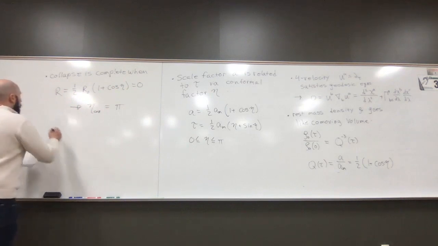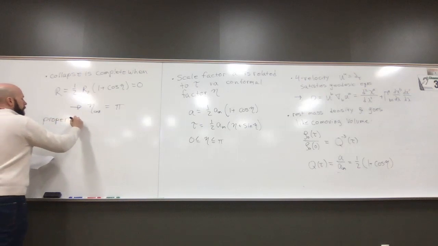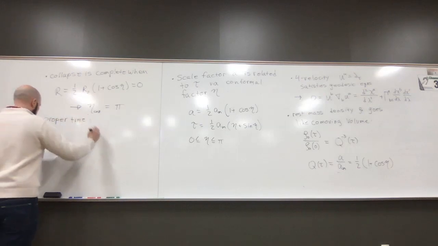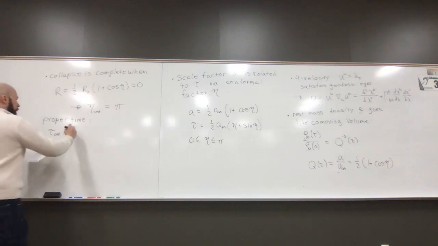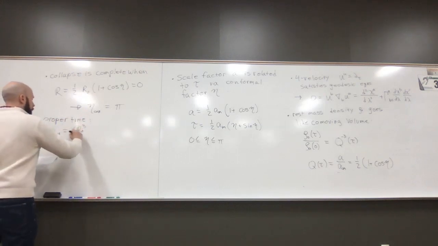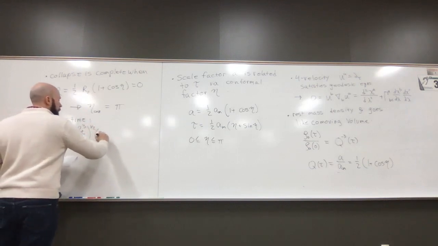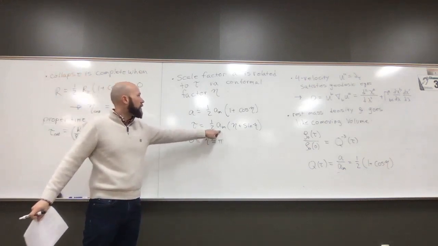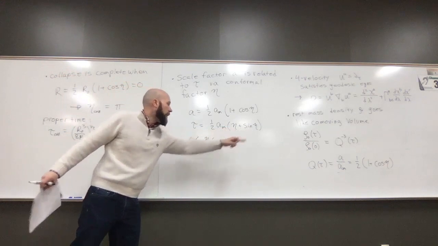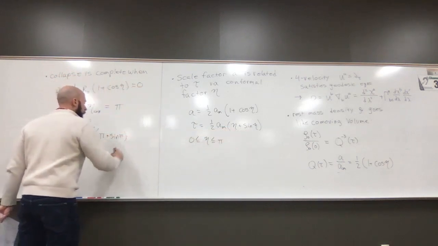Okay, the proper time at collapse then is tau collapse equal to (R naught cubed over 8M) to the 1/2 times, we stick in the equation which is right here, right? So I've substituted for A_M, which we solved for already, stick in pi, so pi plus sine pi, right?